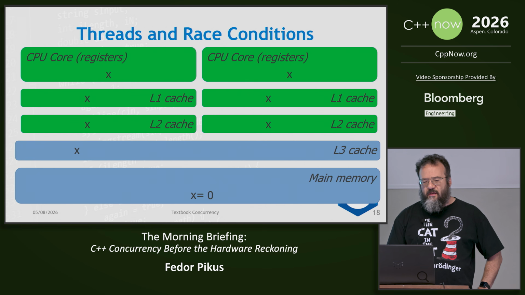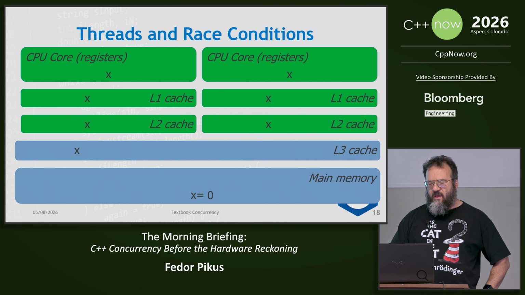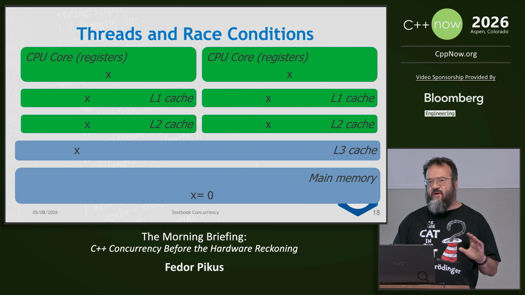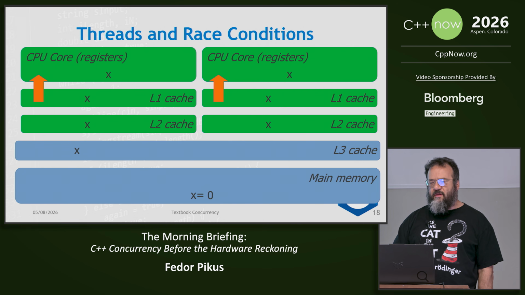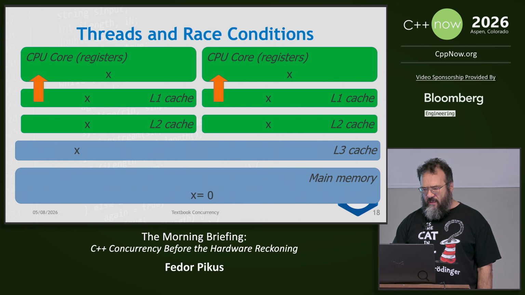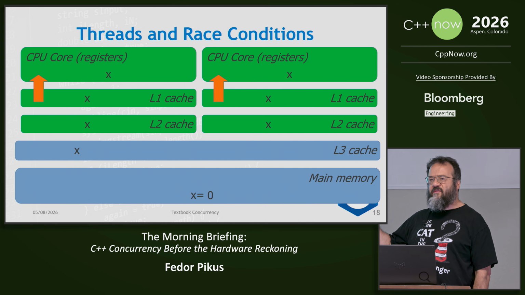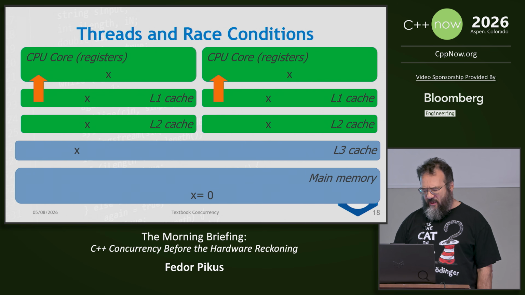Okay, why does it happen this way? I'll give you a more rigorous explanation, but at the sort of cartoonish level, it looks like this. Your entire memory subsystem has the main memory, has multiple levels of cache, has multiple cores, and some of these caches are per core and some are shared between different cores. The CPU itself can only access its closest cache, L1 cache, this one here.